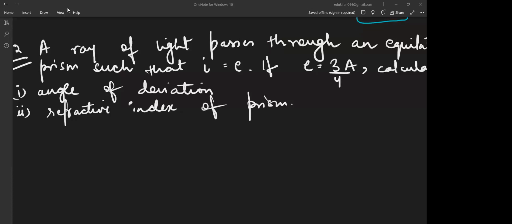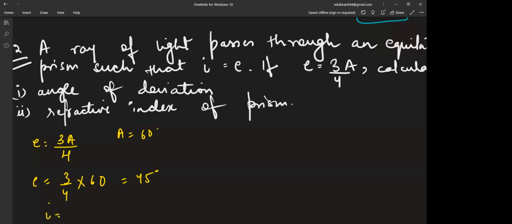E is given as 3 by 4 times A. Now see, emergence is 3A by 4. Angle is 60 degree. So E will be 3 by 4 of 60 degree, which is 45 degree. Angle of incidence is 45 degree.